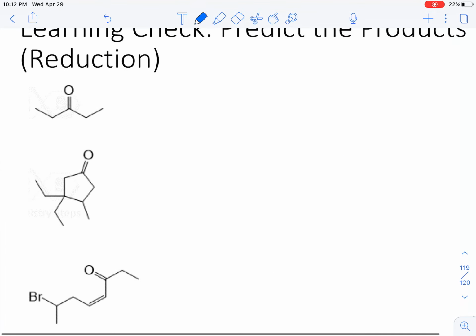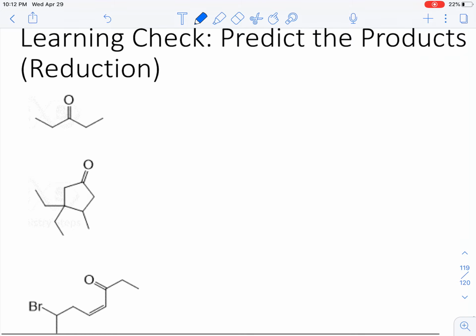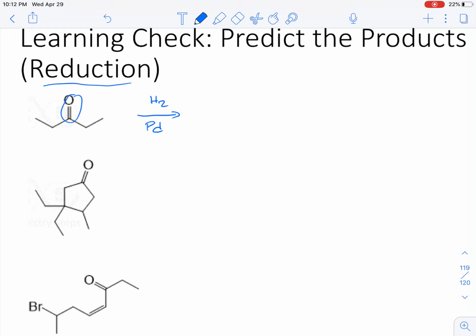So let's go ahead and talk about reduction. This time, we're going to specify our reducing agent as H2, Pd. Here we have a ketone. If we're going to reduce it, that's why it's called reduction, then that means we are going to add hydrogens to where that carbonyl group is.